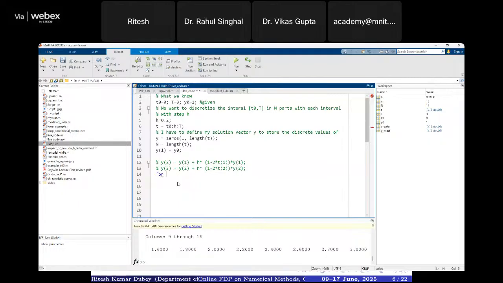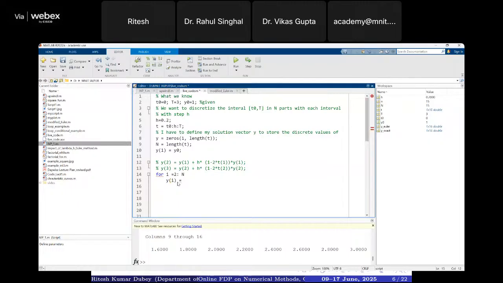So for my index variable i, it is equal to 1 to n, where n is the length of the vector t. But y1 is already known, so we will go from 2 to n.